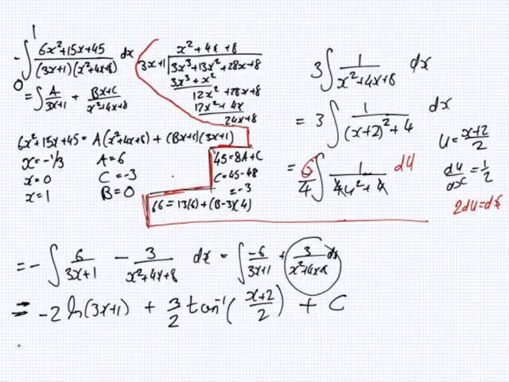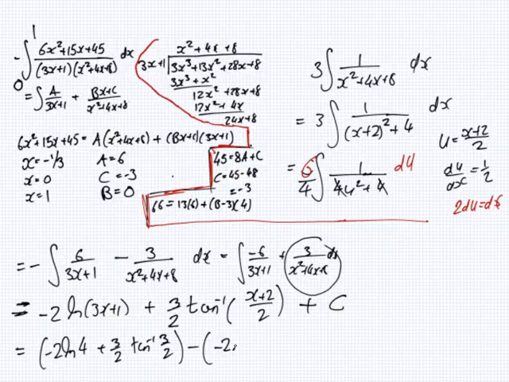So if I put in 1 first, I'll get minus 2 log 4 plus 3 over 2 tan inverse 3 over 2. And then if I put in 0, I get minus 2 log 1 plus 3 over 2 tan inverse 1.